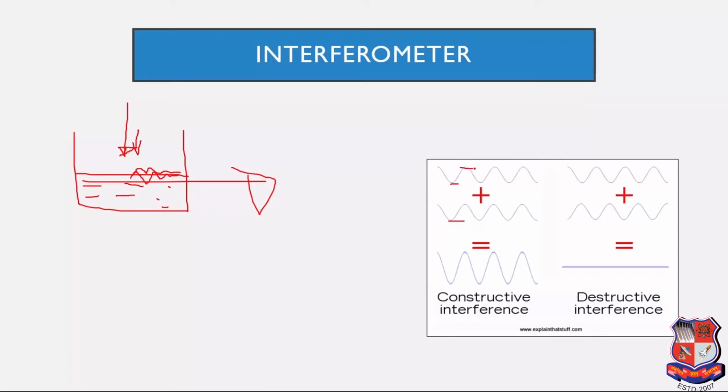The same thing happens when the first has a peak and the second also has a peak. At that time constructive interference is generated.